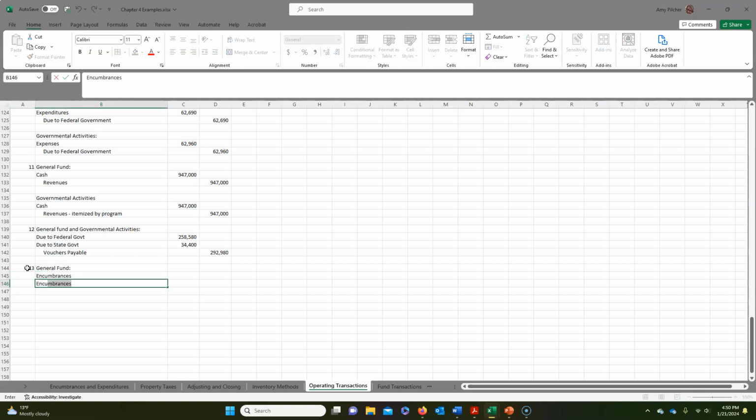And encumbrances outstanding. So we encumbered for $1,988,040. And the expenditure and vouchers payable was actually $1,987,570.